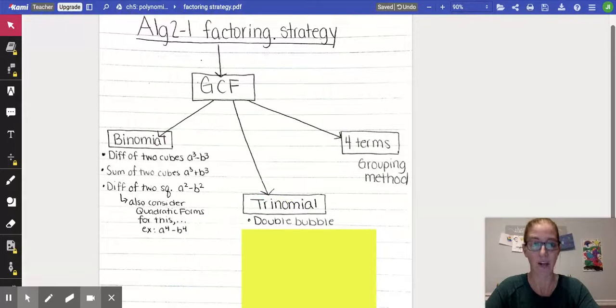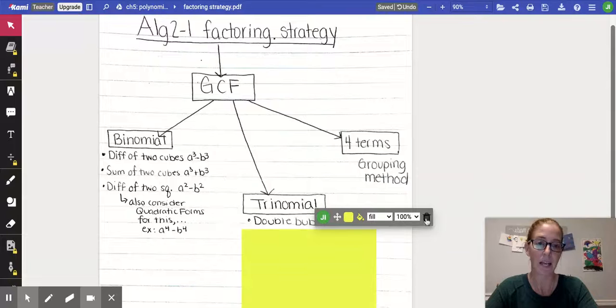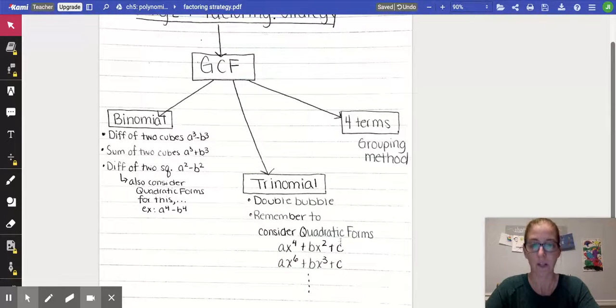And then if you have a trinomial, you're thinking of what I call the double bubble, right? So see if you can factor it the traditional way that you've first learned how to factor a quadratic trinomial. But now we're adding on to that quadratic forms. So if you have a trinomial, look to see if it can be a double bubble. It might not be x squared double bubble.